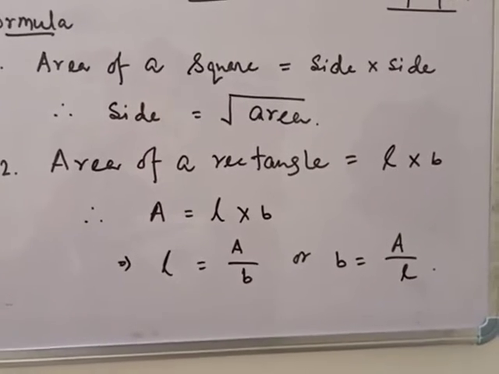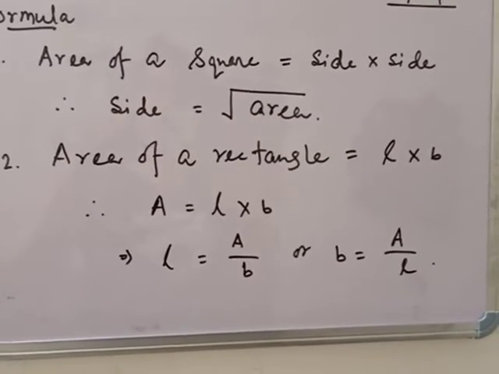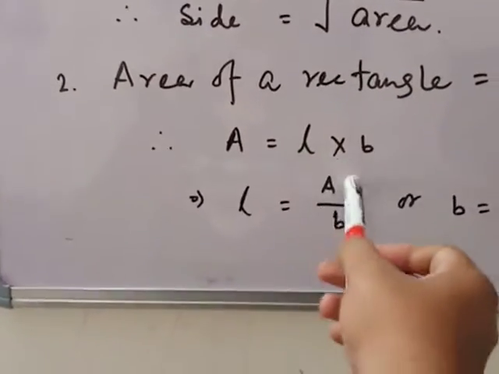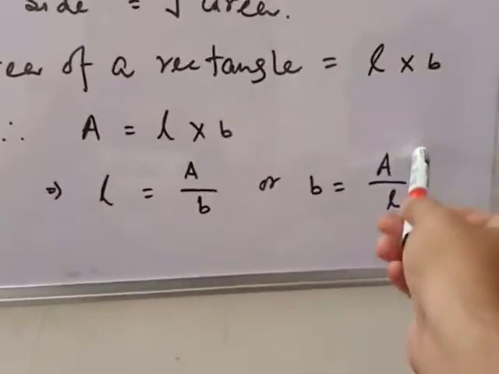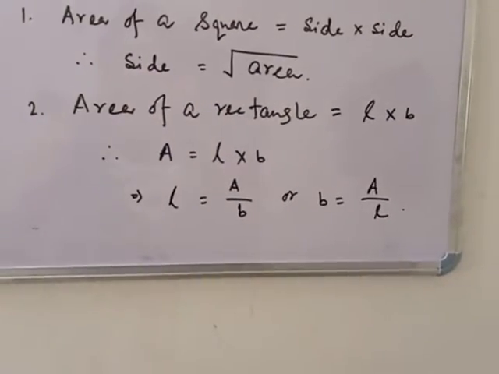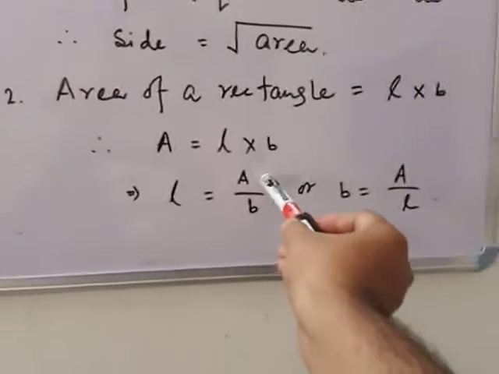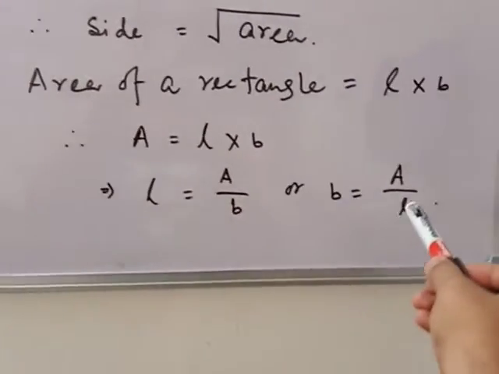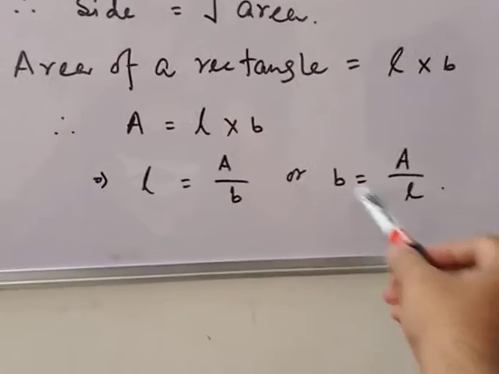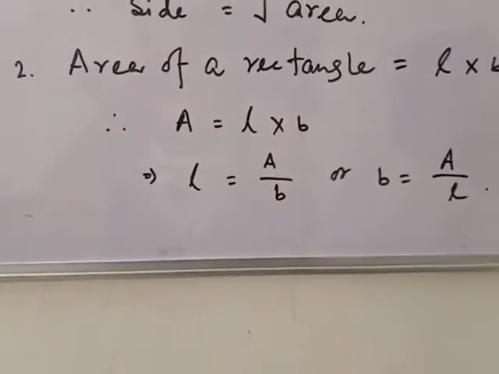If we denote area as A, then area equals L into B. From here we can also conclude L equals A by B or B equals A by L. When area and breadth are given, use this formula, and when area and length are given, we use this formula, for finding breadth and this for finding length.